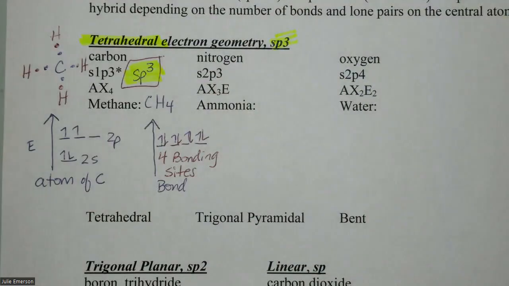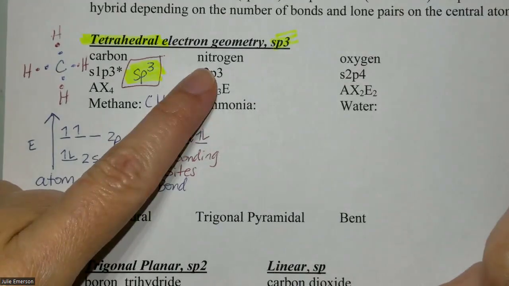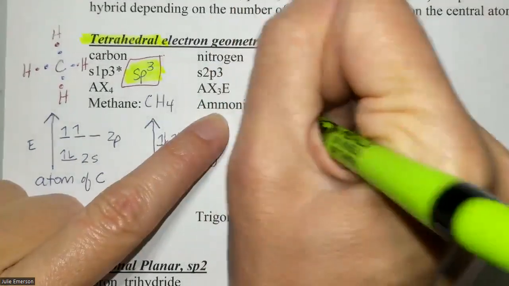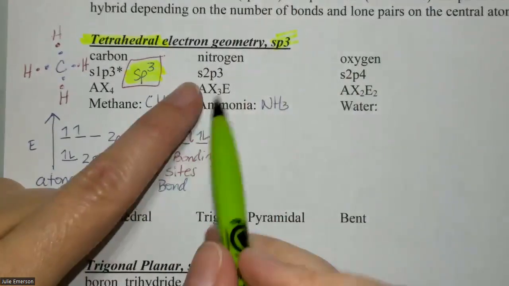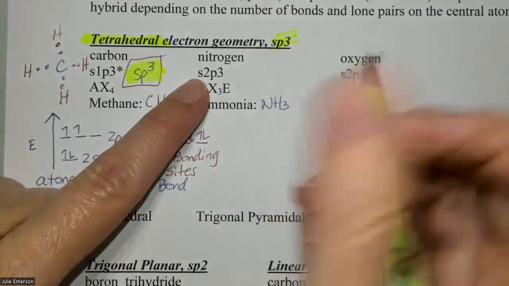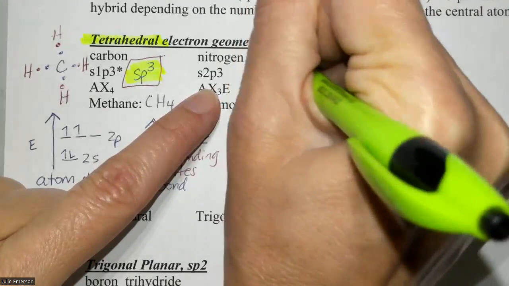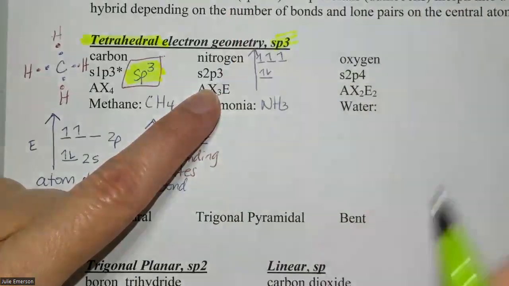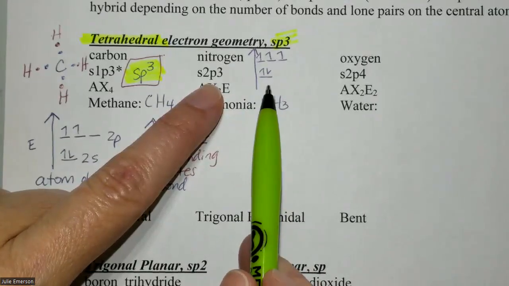Okay, when I look at ammonia, the nitrogen center, ammonia, sorry, is NH3, right? If I look at nitrogen, it's an S2P3. So I'm going to do the electrons up here. So this would be the S2, 1, 2, 3, 1, 2, 3, right? There's my S2P3. That's just for the nitrogen by itself.